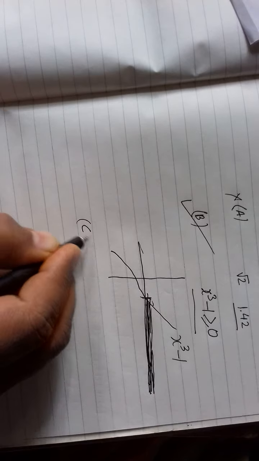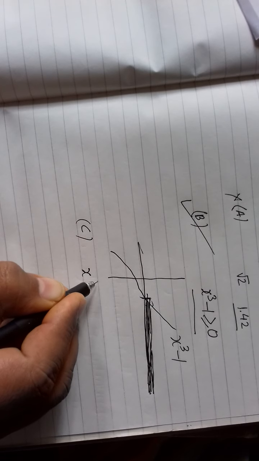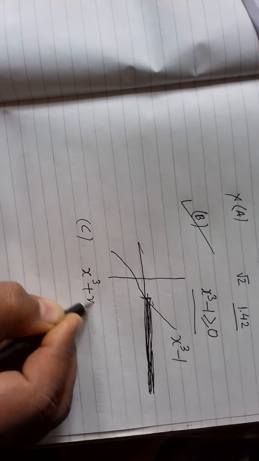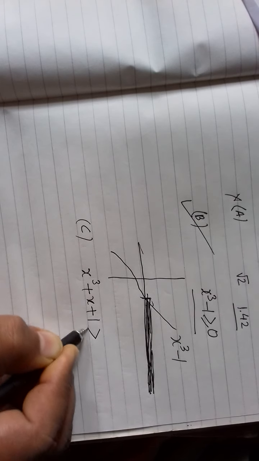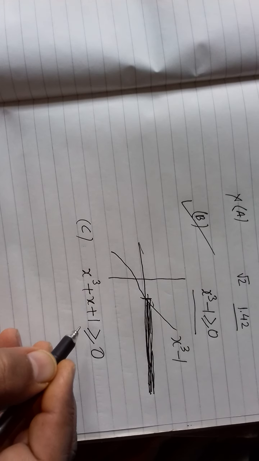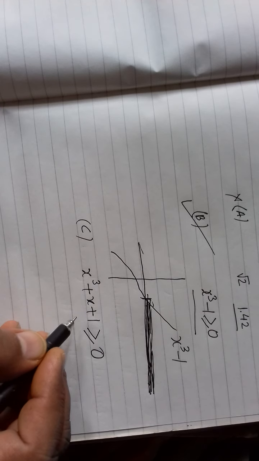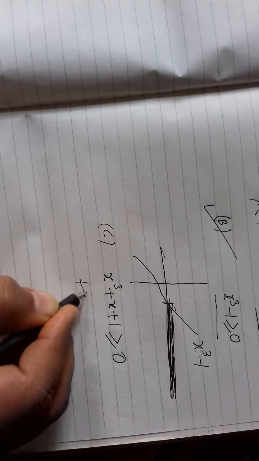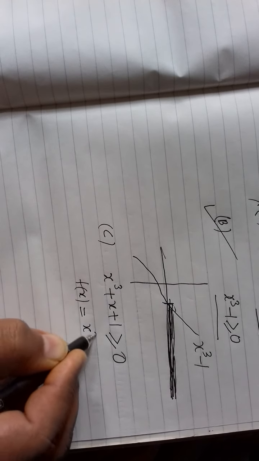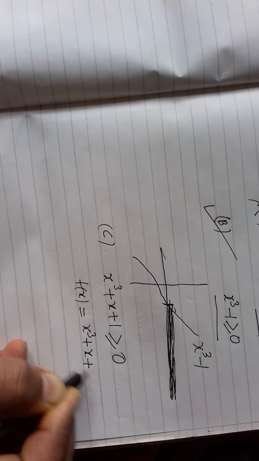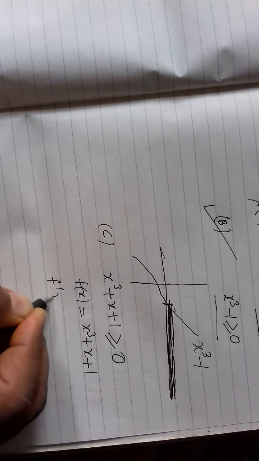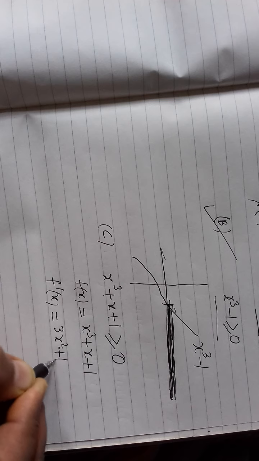In C, you see this x cube plus x plus 1, this inequality. We have to find those x for which this inequality holds. Let us draw the graph. First take f(x) equal to x cube plus x plus 1. f dash x will be 3x square plus 1.